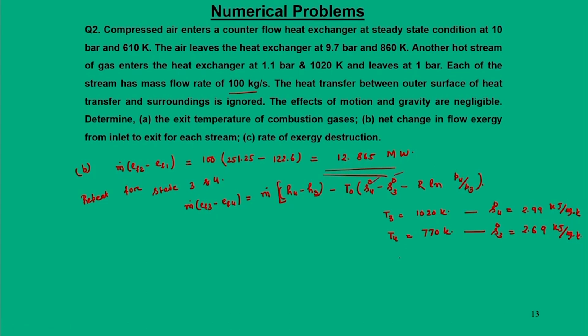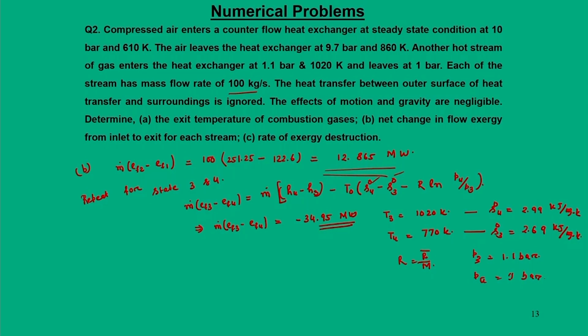R we know, R bar by M. P 3 is 1.1 bar, P 4 is equal to 1 bar. By putting all these things, we can find out m dot EF3 minus EF4 is equal to minus 34.95 megawatt.